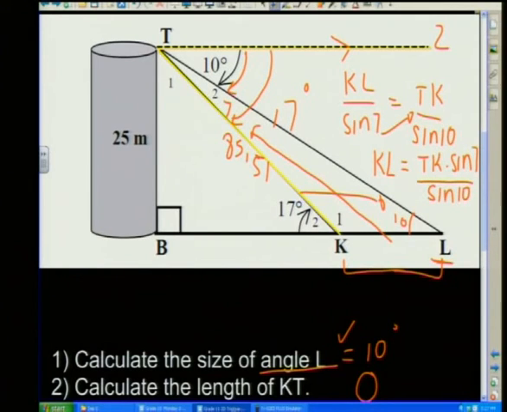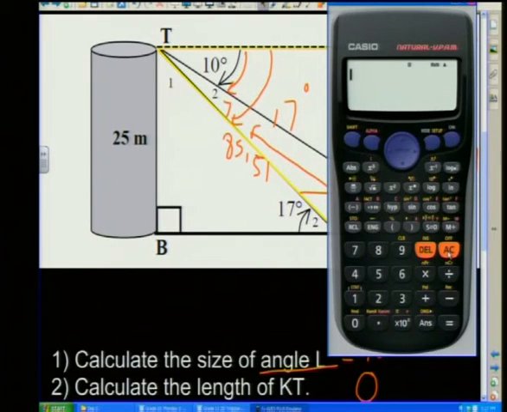We know that TK, we've just worked it out, is 85,51. So we can put in the value of TK as 85,51. And then we're going to put this entire thing into the calculator and let's see what we get. It's going to be 85,51 times sine of 7, and then the whole thing divided by sine of 10.